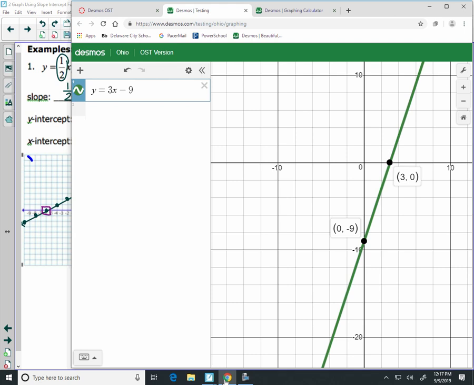This is wonderful. On the TI-84 graphing calculator, which used to be my favorite math thing in the whole entire world of all the math things, getting to this took about 20 button pushes. Here, you put in the equation, you make sure you click on the graph, and it's there for you. It's really going to be helpful. I'm not trying to be annoying, I'm trying to help you.